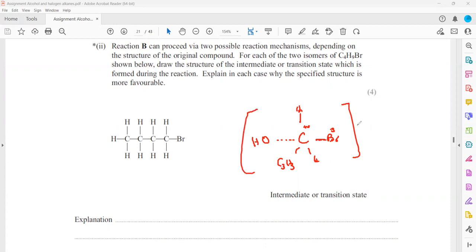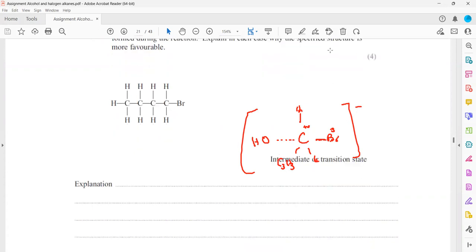On the intermediate, there will be a negative charge. Because it's a primary halogen alkane, that's why the transition state is this one.